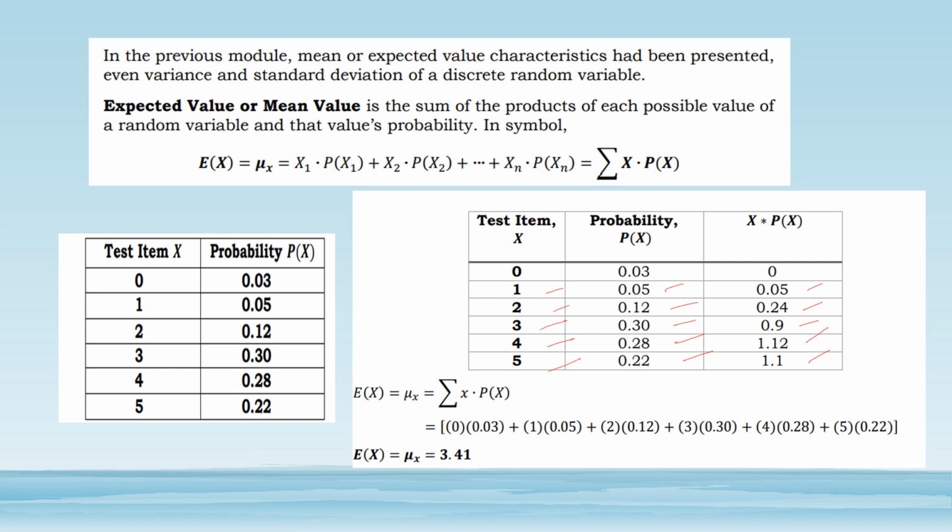For us to get the mean, since the mean is just the summation of x times the probability of x, in short, we will just have to add all of these. Adding 0 plus 0.05 plus 0.24 plus 0.9 plus 1.12 plus 1.1 will give us 3.41 as the mean.